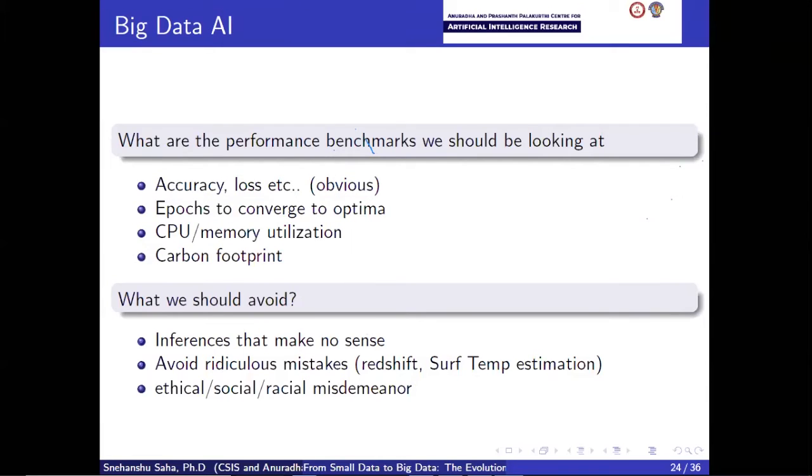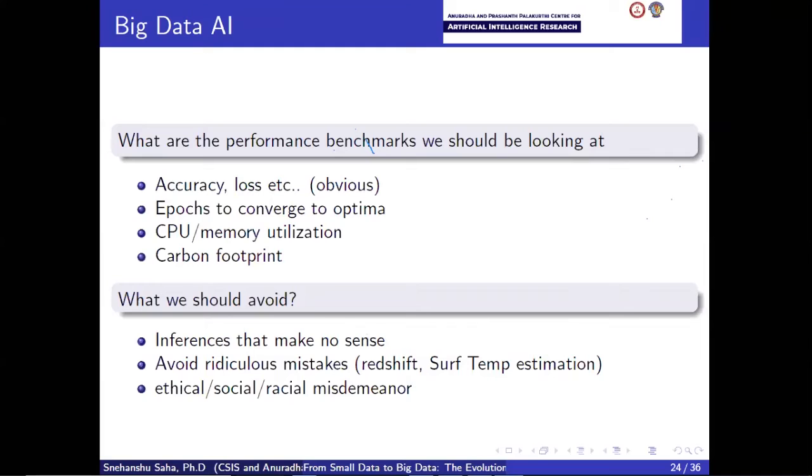When we go to big data artificial intelligence, what are the performance benchmarks we should be looking at? Not only the accuracy, not only the loss, these are obvious things. We should also be looking at the number of iterations or epochs to converge to an optima. When you converge to an optima, your prediction accuracy is the maximum, and your misclassification almost becomes zero.